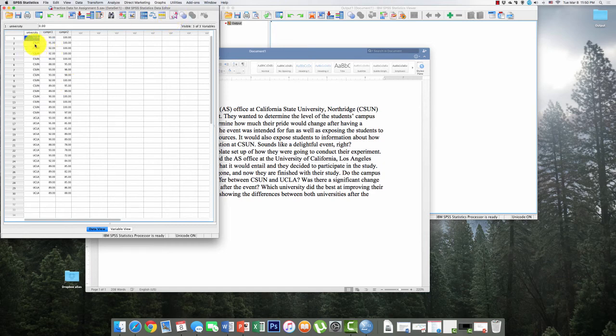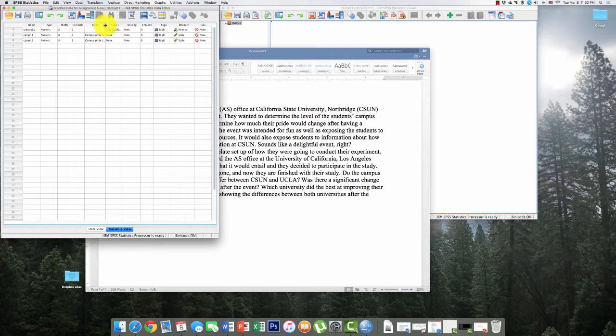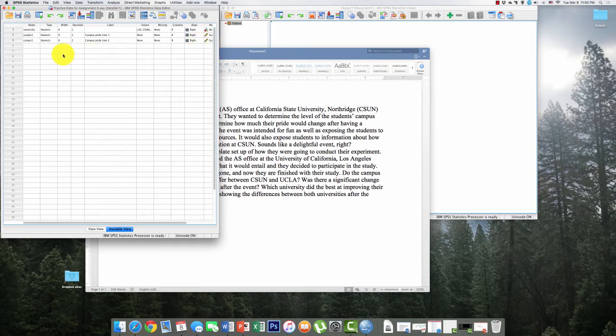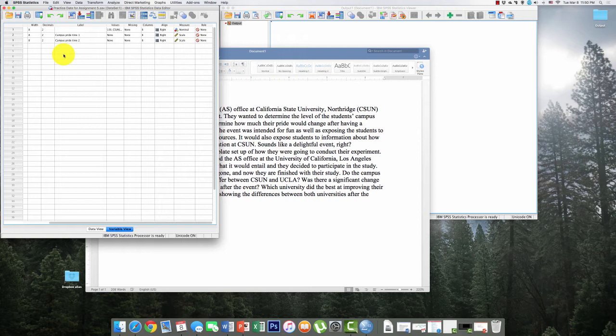You're going to see that 0 equals CSUN and 1 equals UCLA. Under variable view, open up this label right here. CamPre 1 is Campus Pride at time 1, and CamPre 2 is Campus Pride at time 2. They're both scale measurements. There's an error that you might encounter, and I'll point it out when I'm doing the graph part.